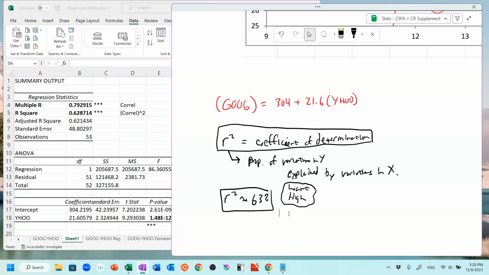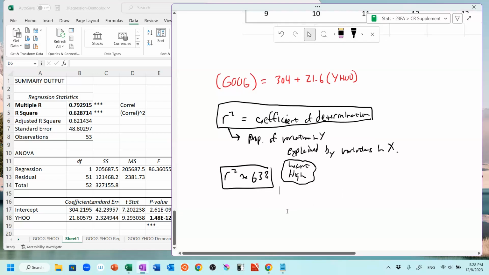So, maybe there are some fields that are really happy to get 20 or 30% explanatory power for a really complex process that's very poorly understood at this point. And there are other fields that might want an 80% explanatory power. But we want generally the R squared to be high. Higher is better than lower.